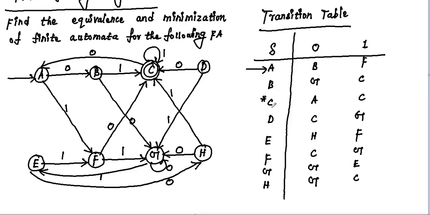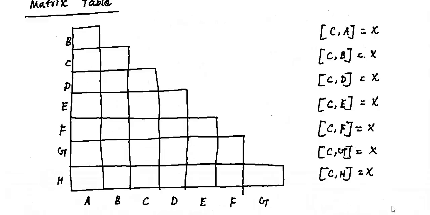Here the final state is C, the non-final states are A, B, D, E, F, G, H. Take the pairs CA, CB, CD, CE, CF, CG, CH. Then you put a cross mark.